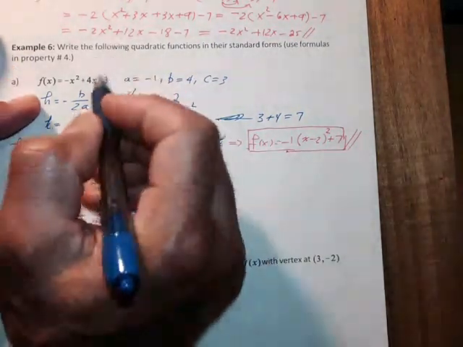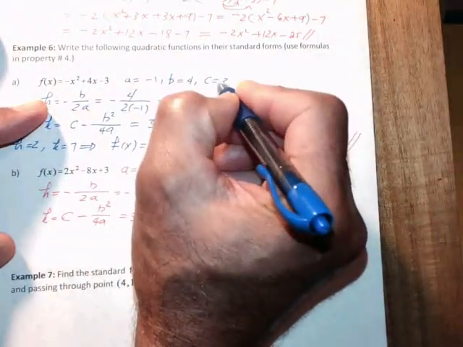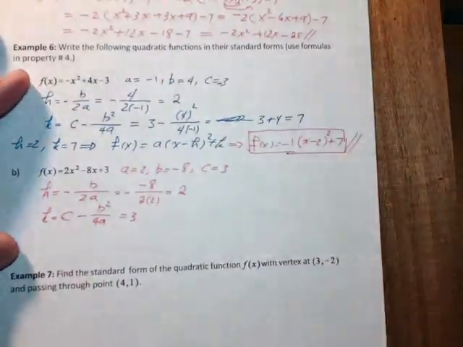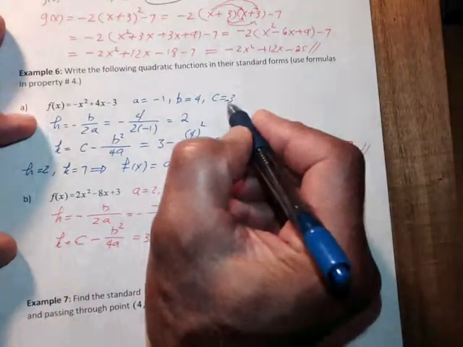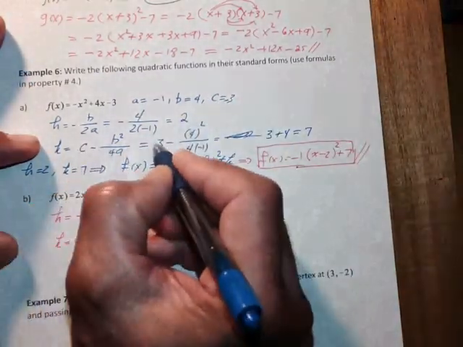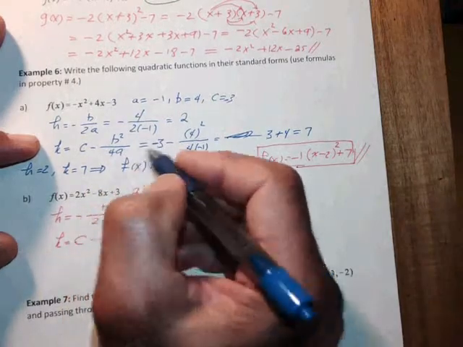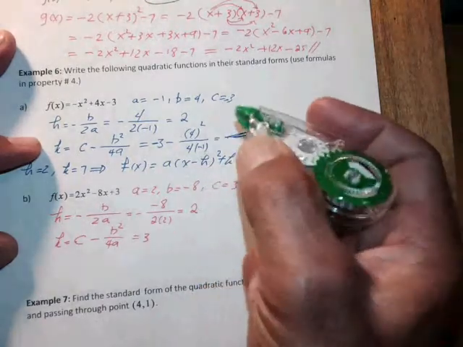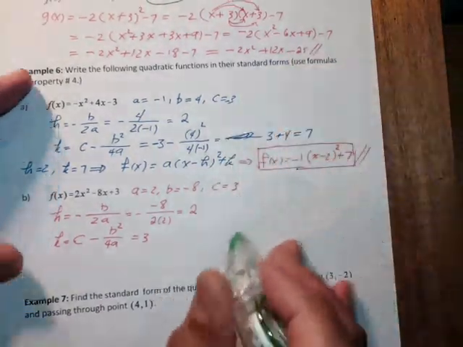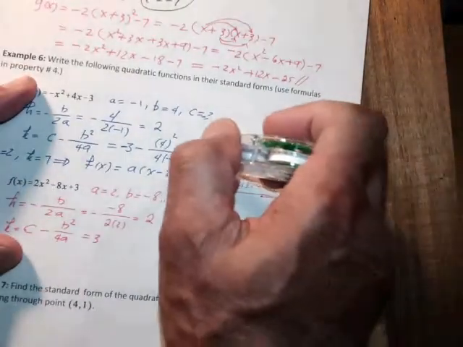In the first one, C is minus 3. Sorry about that. So let me go ahead and do the correction. C is minus 3, so I have a minus 3 there.